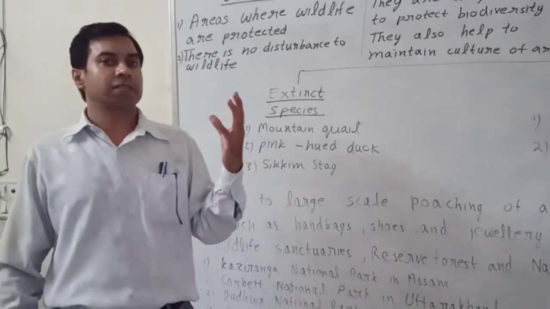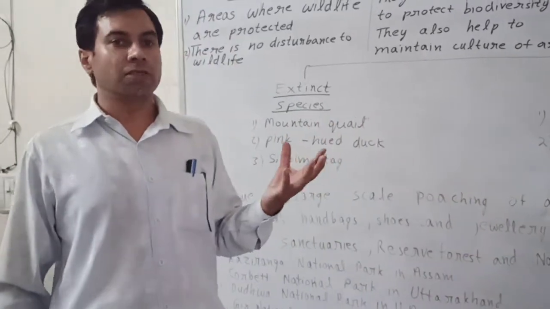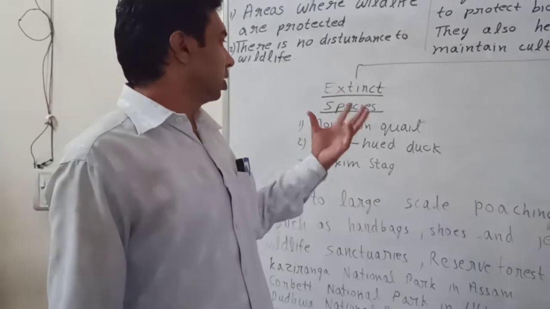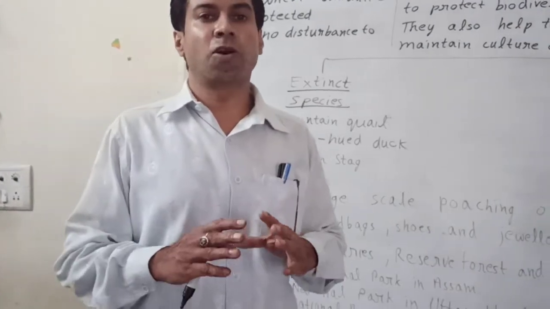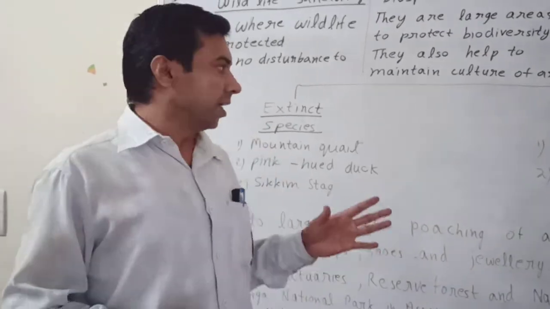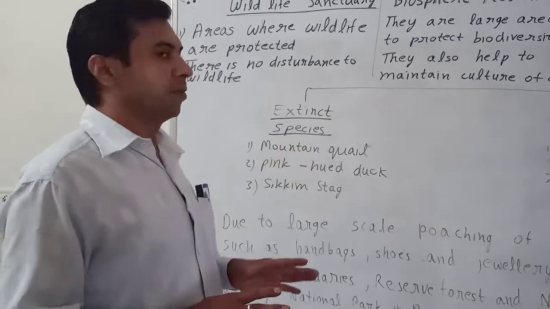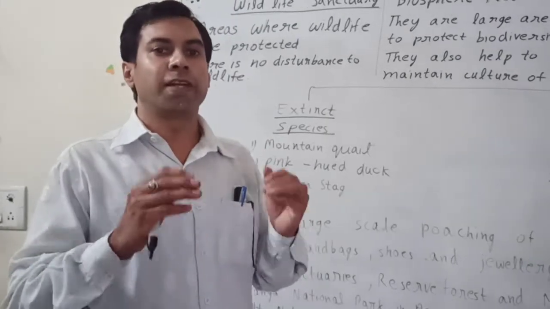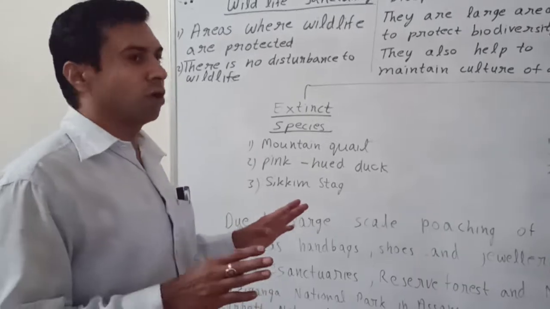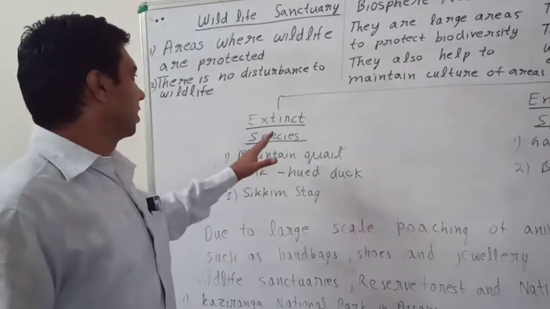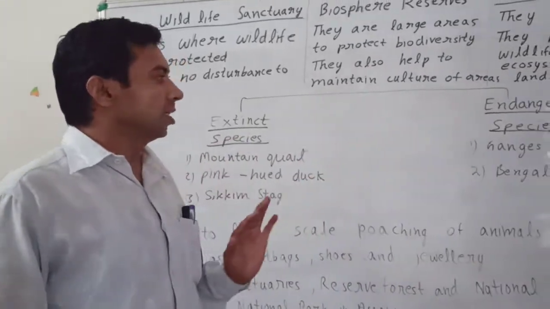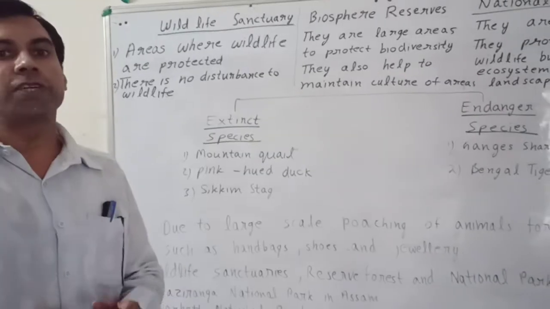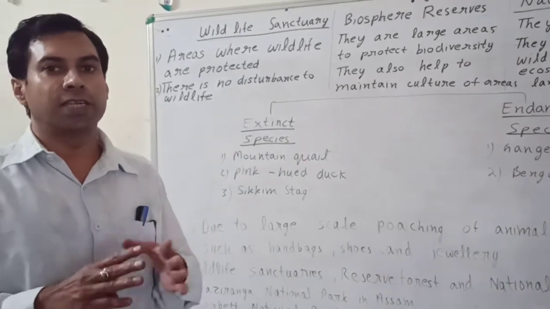I have explained what extinct species are and what endangered species are. Species which are no more are extinct species, meaning their species is finished. They are not present on the earth. Endangered species are in danger of becoming extinct.